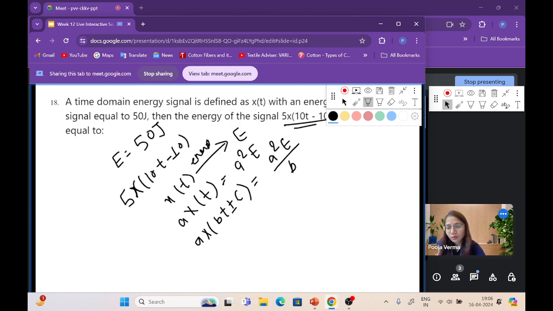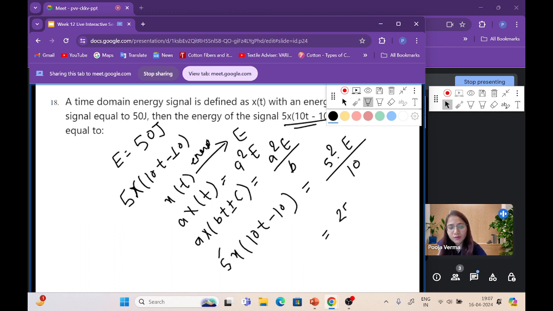So here the signal is given as 5x(10t minus 10), where a is 5, b is 10 and c is minus 10. If we directly calculate with this formula, what will we get? 5 square into E divided by 10, and here E is given as 50 joule, right?